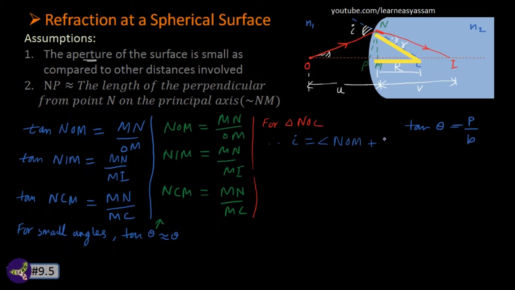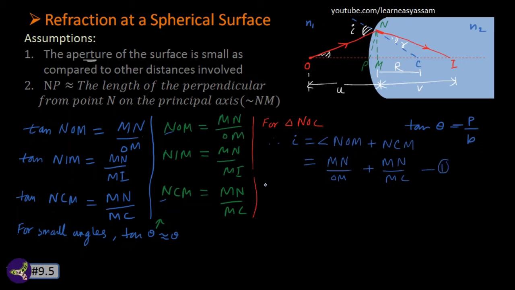We already have the relation of NOM and NCM from here. This is NOM and this is NCM, so you can directly write the ratios. That is MN by OM plus MN by MC. Suppose this is equation number 1.